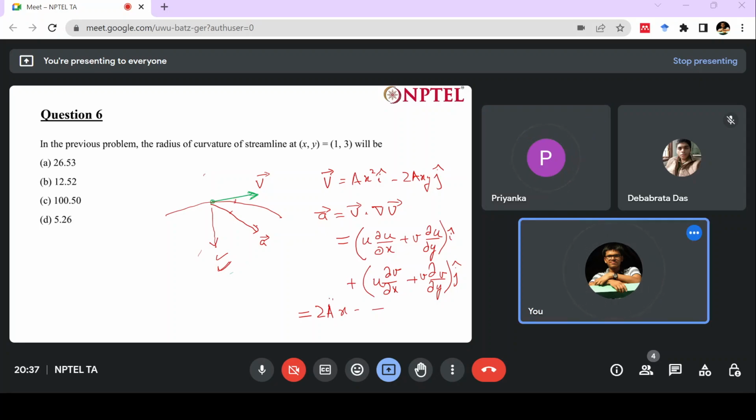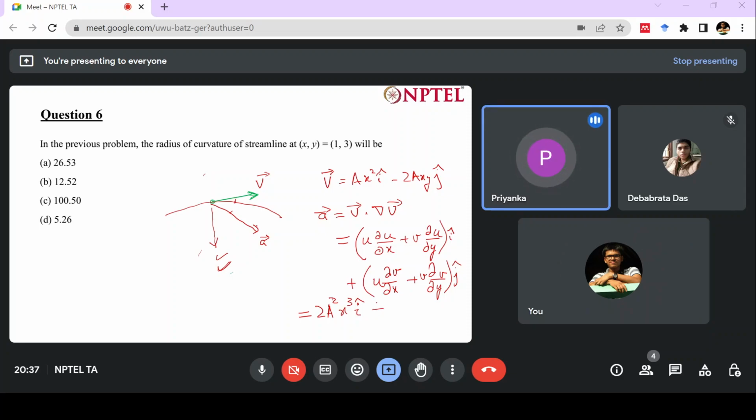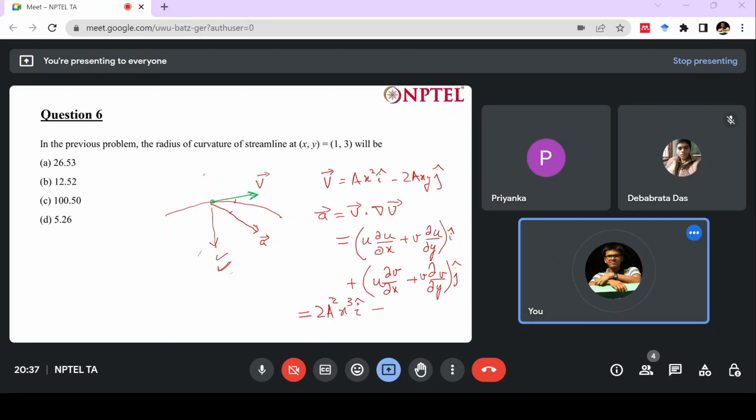Yes, sir, x cube. And what is the j component? Can you calculate the j component? I am getting it as 0. Okay, let me check it once. V del v del x is minus, which is ax square and minus 2ay.